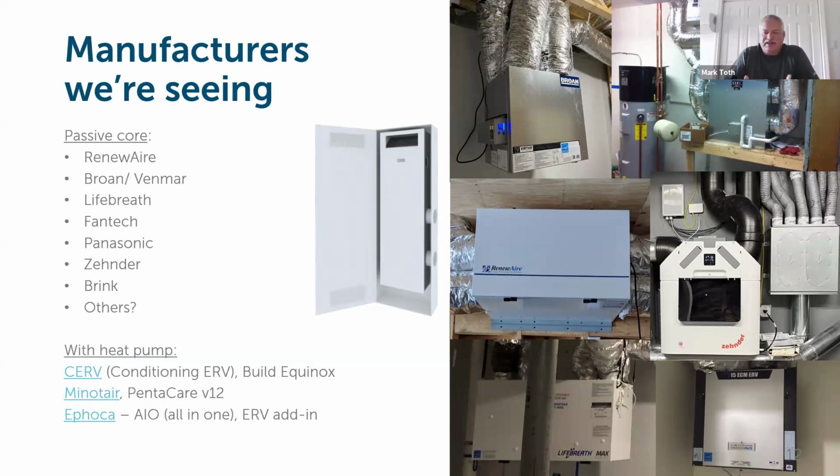I guess it depends on your particular application, whether it be ERV or HRV. As far as the brands go, really everyone is making decent equipment now. No one's making anything we're seeing on a day-to-day basis that's really junk. If it meets the Efficiency Vermont standards and all these criteria, it's going to be a fine piece of equipment.